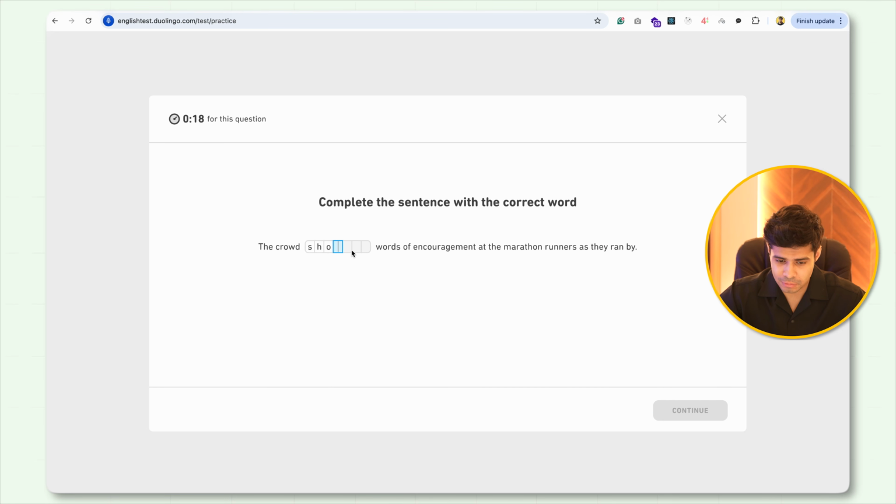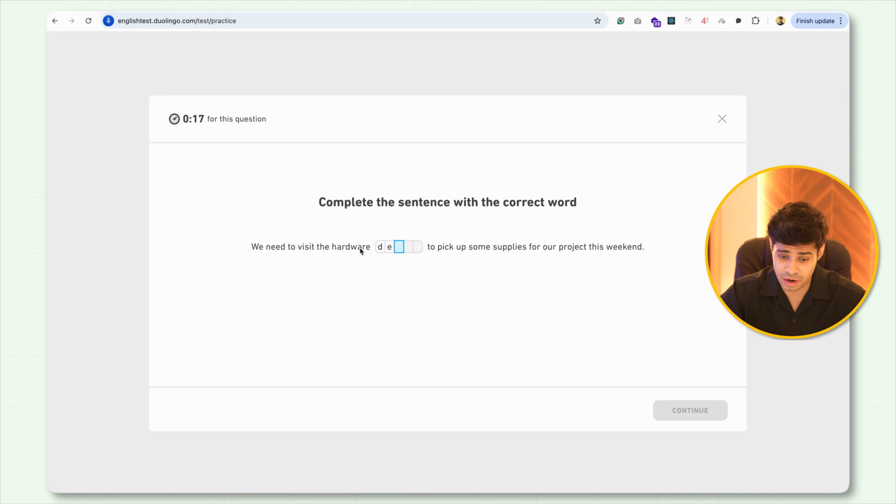The crowd blank words of encouragement at the marathon runners as they ran. Showers. That's the one that I can think of. Okay. After taking a shower, he combed his hair, brushed his teeth. Yeah, it's past tense, so it makes sense. Combed his hair. Perfect. All right. He's got to get a hang of it.